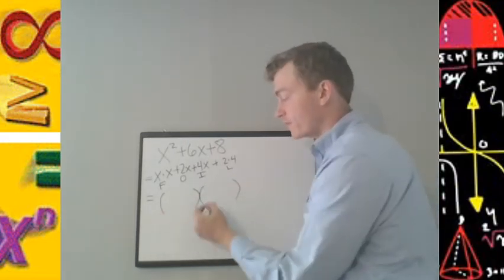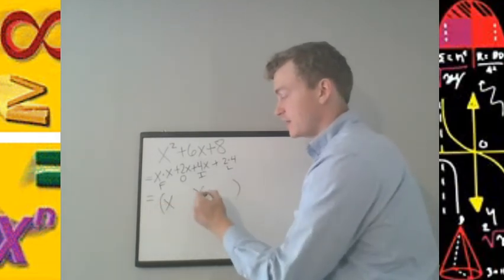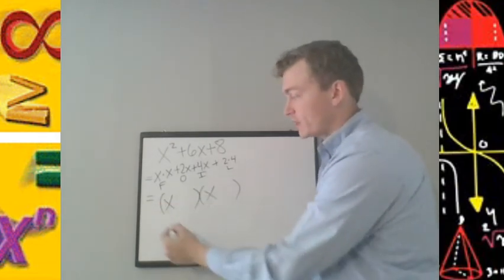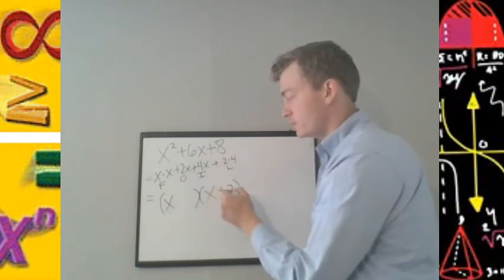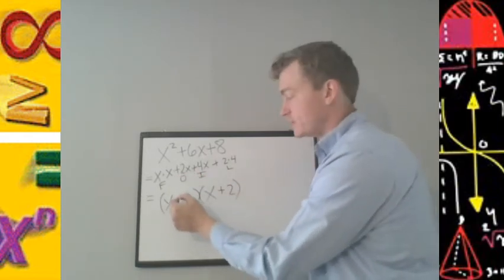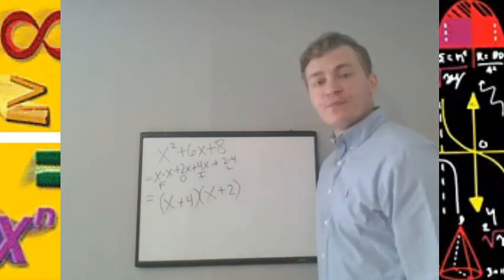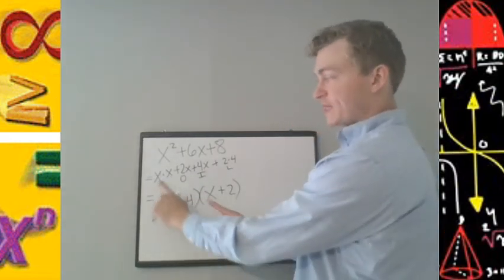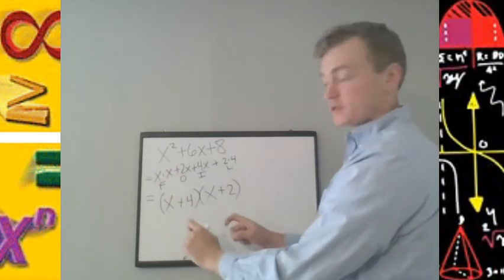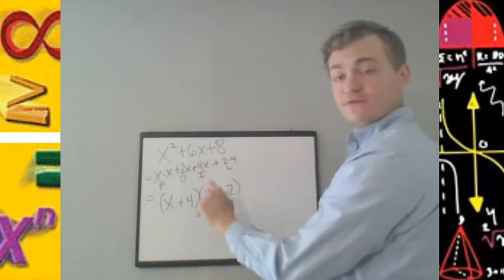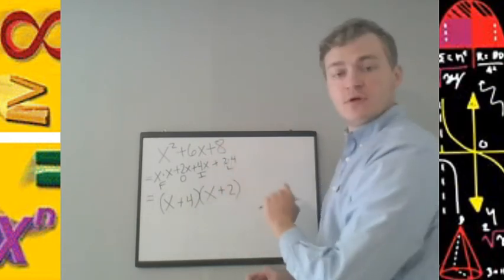So the product of first terms here, x times x. The product of our outside terms was an x into 2, which means we're going to write the positive 2. And then the inside product is positive 4. Again, as we see, x times x, which is x squared, x times 2, which is 2x, 4 times x, which is 4x, 4 times 2, which is 8.